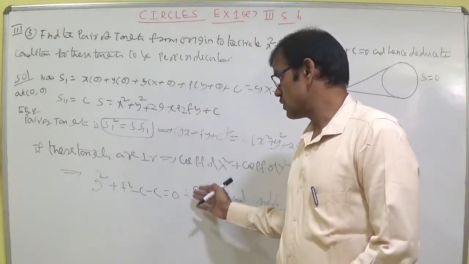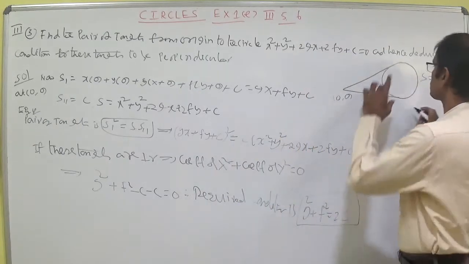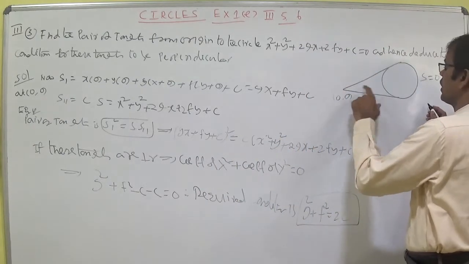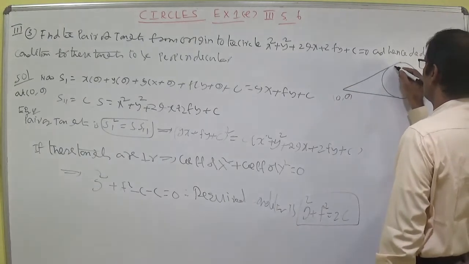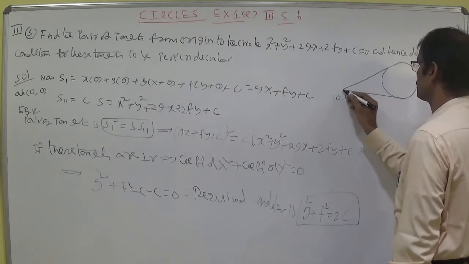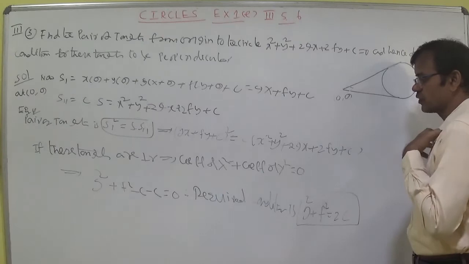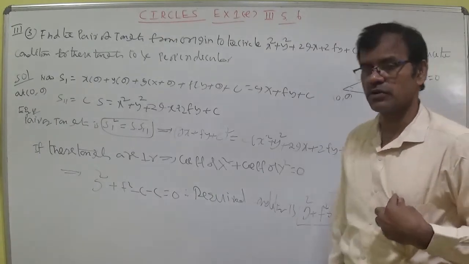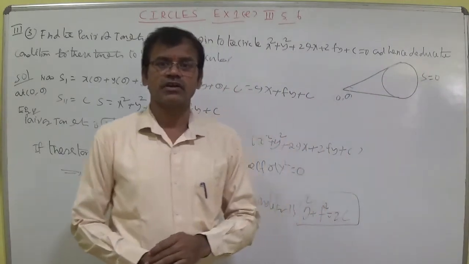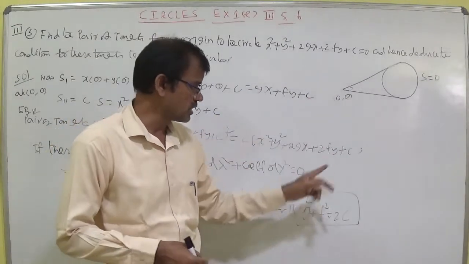This is the coefficient of x square plus coefficient of y square method, where the points of intersection of tangents are joined to the origin, giving the condition of 90 degrees. In Exercise 1D you can use tan theta by 2 equal to r by root S1. Even though you use that formula, you will get the same answer.